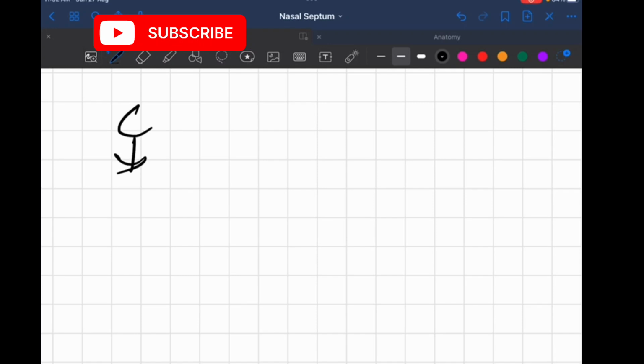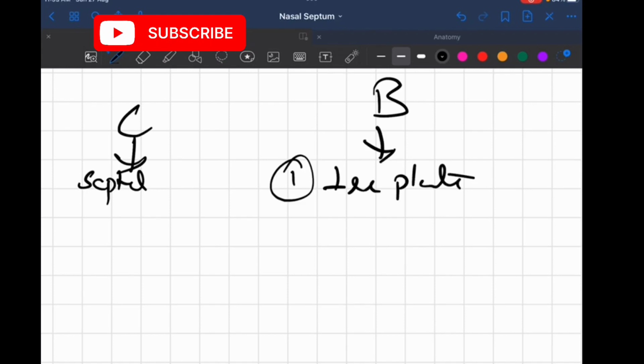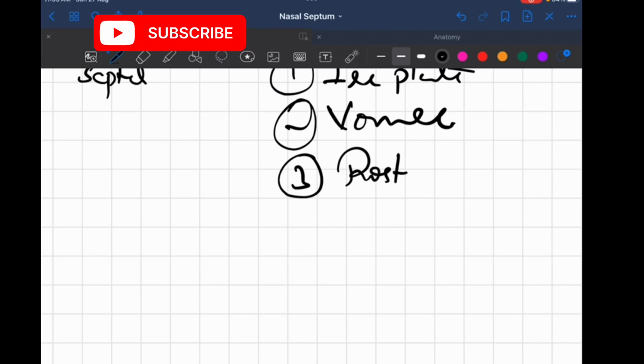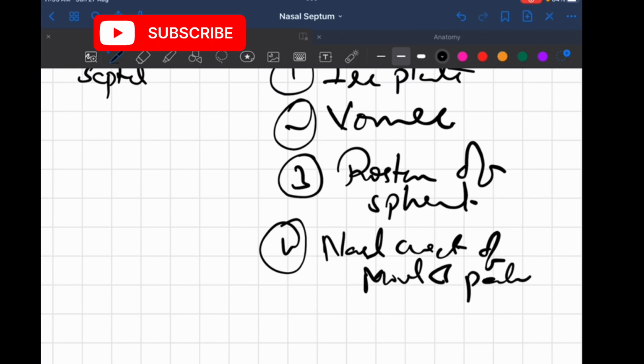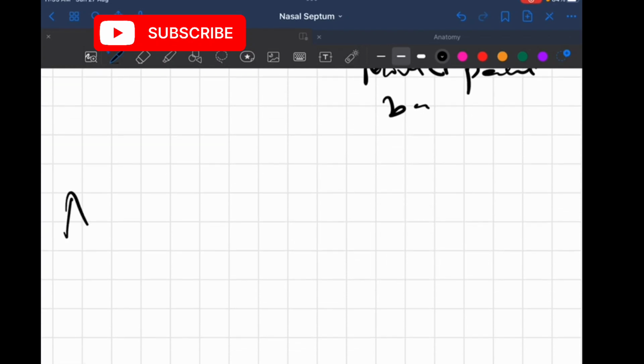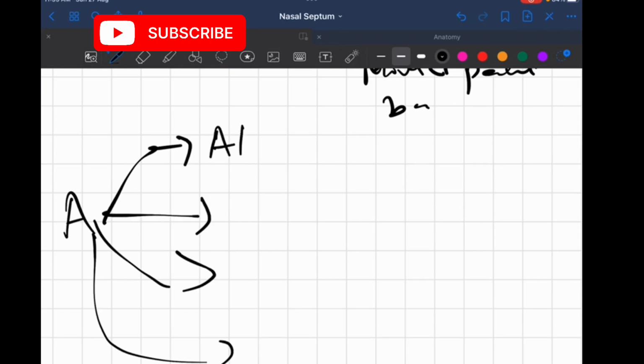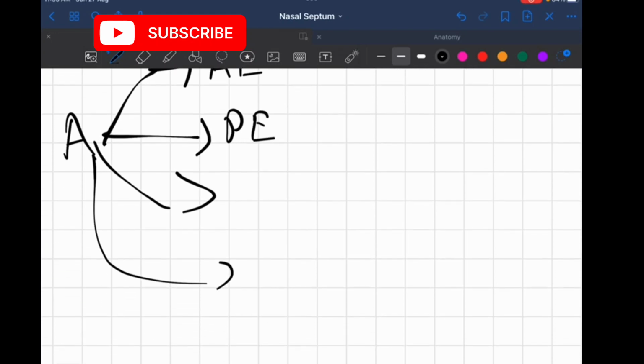The cartilaginous part is composed of septal cartilage, and the bony part is composed of the perpendicular plate of ethmoid, vomer, rostrum of sphenoid, nasal crest of maxilla, and palatine bone. Next, arterial supply. The arterial supply is mainly by 4 branches: anterior ethmoidal, posterior ethmoidal, sphenopalatine, as well as greater palatine and superior labial artery.